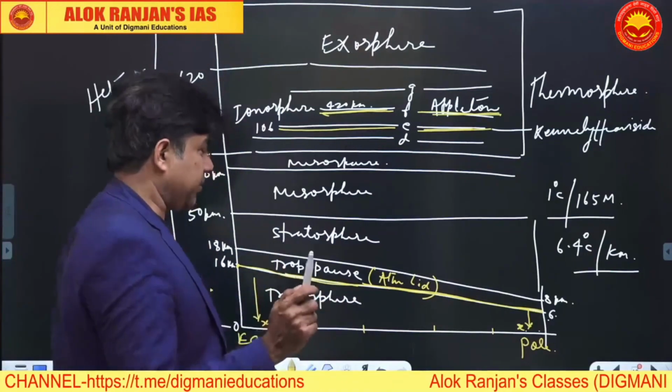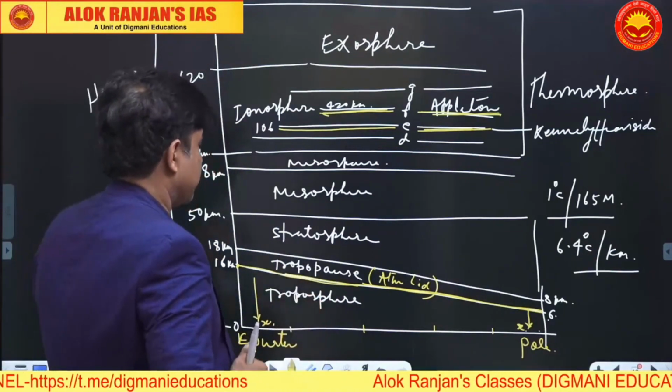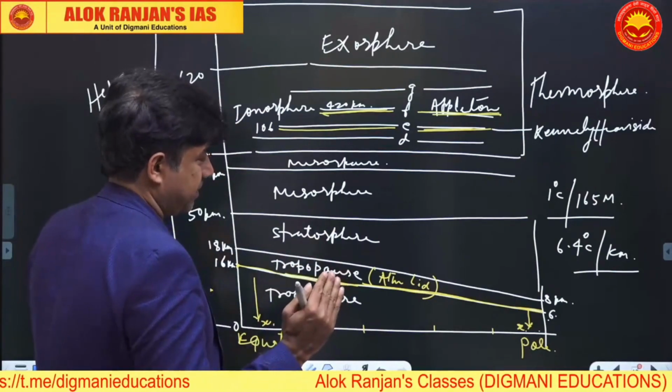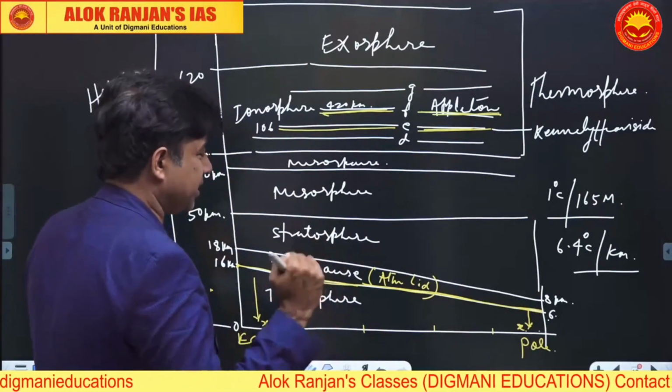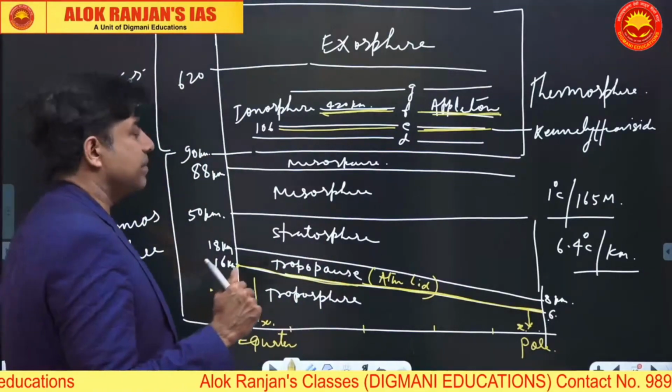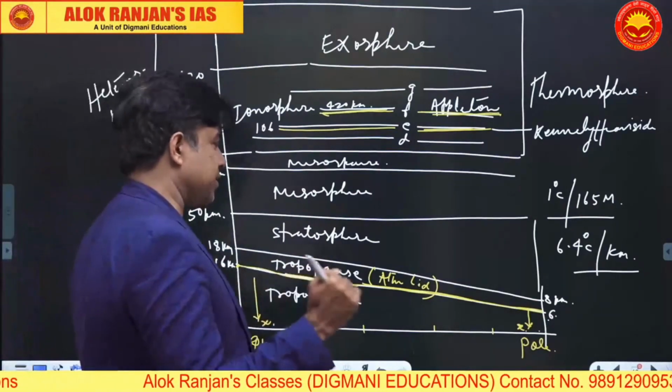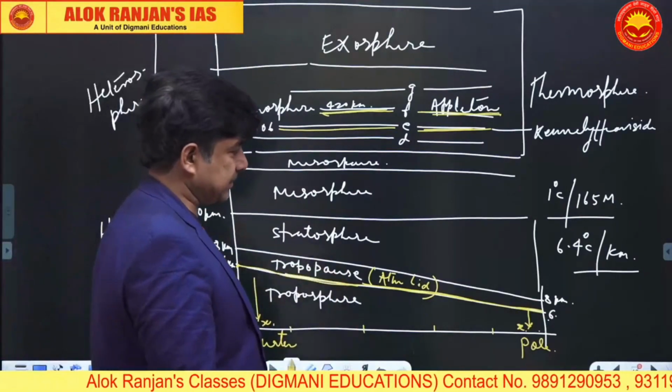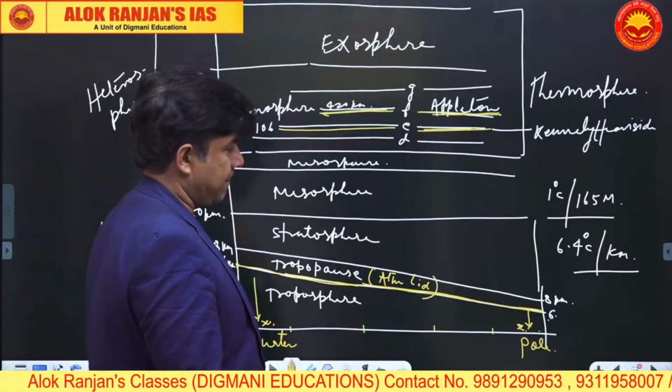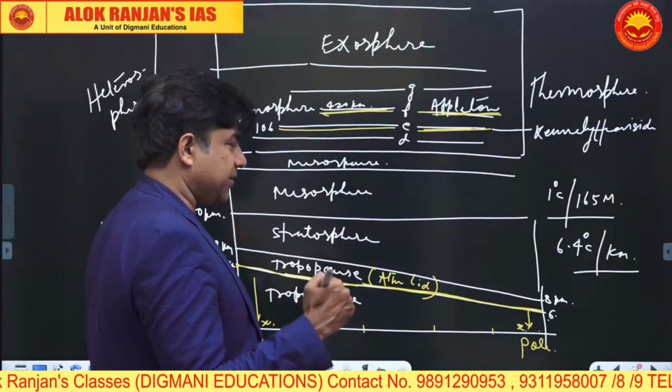Now, very important, write: the tropopause has stable thermal conditions, and the temperature is constant.